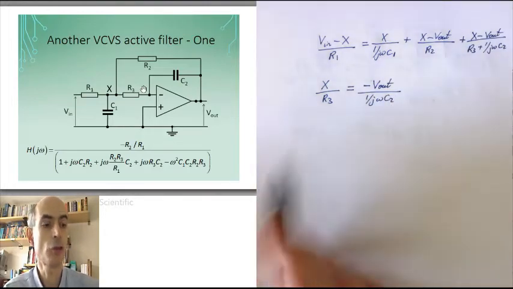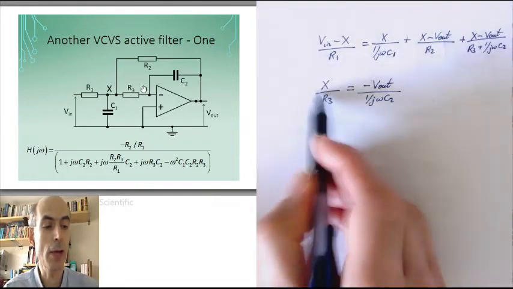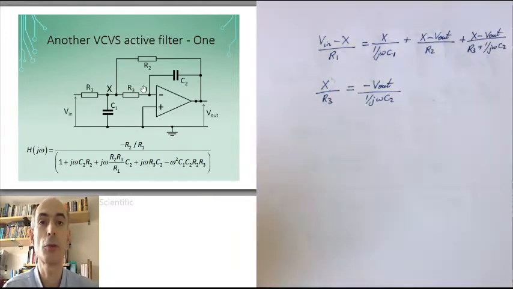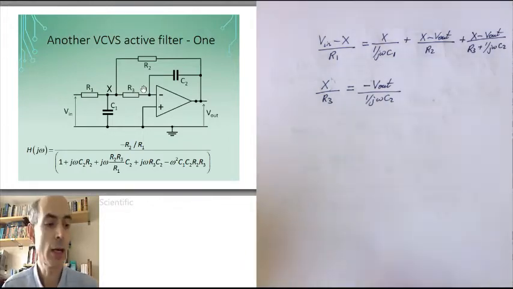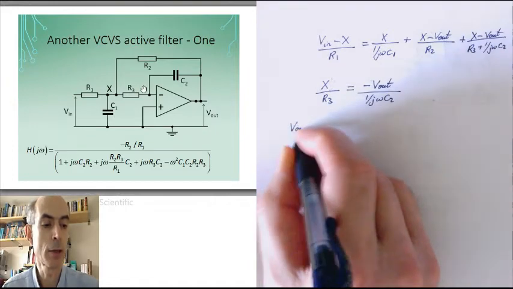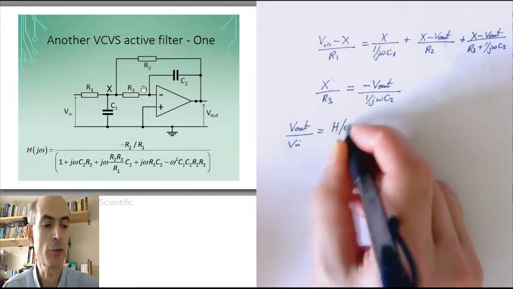And again, we've got two simultaneous equations, and we need to eliminate the variable X between these two simultaneous equations, and then rearrange all the terms that we have left, so we have something of the form Vout over Vin, and that is our frequency response.